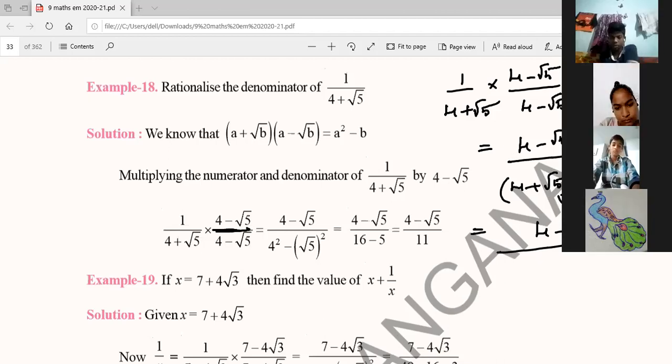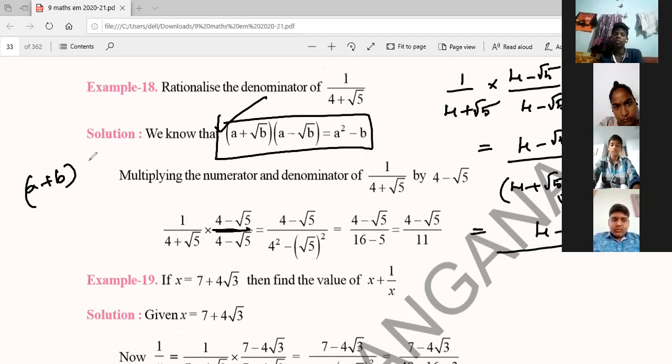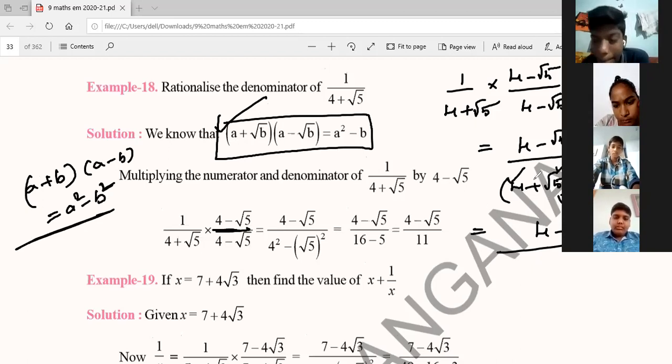We can simplify this by different methods. Just use this formula, or else you can do the multiplication also, but it is better to use the formula. We can use the formula (a plus b)(a minus b) is equal to a square minus b square, where a is equal to 4 and b is equal to root 5.